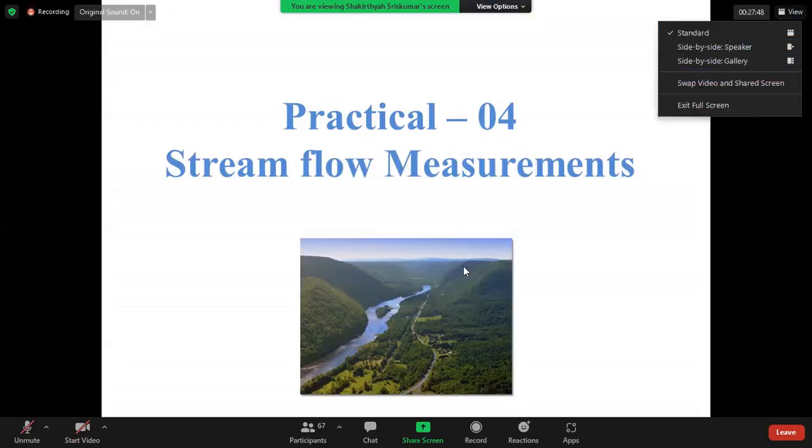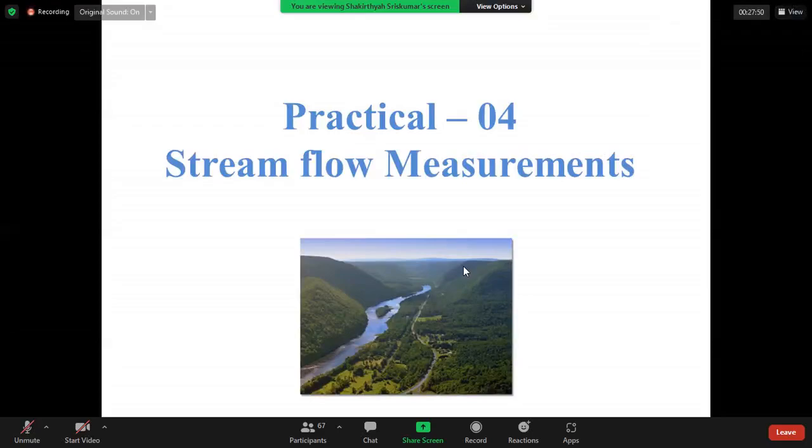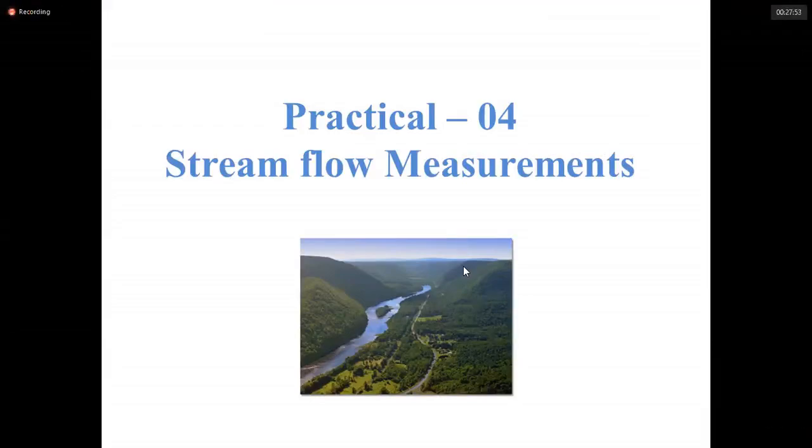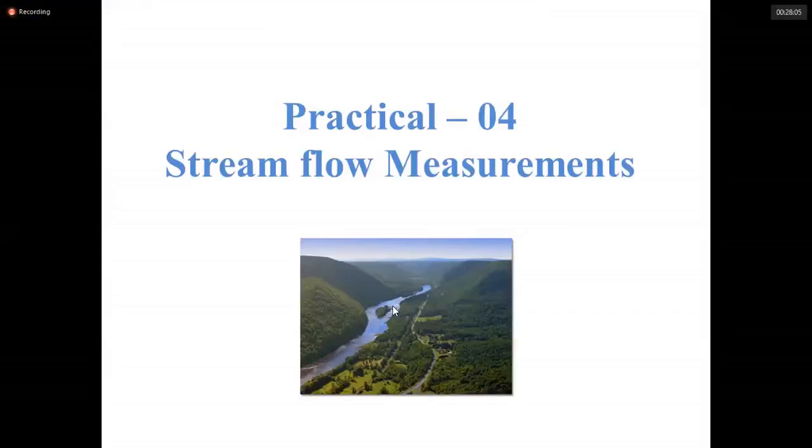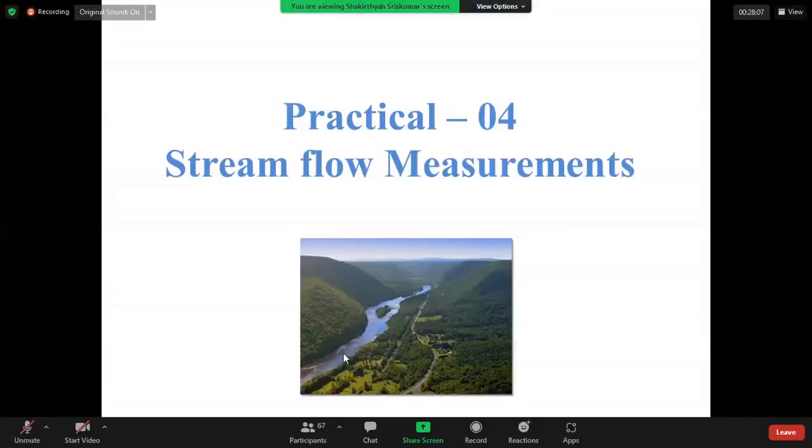So what is stream flow? What do you mean by stream flow? Anyone? Here you can see this is a stream. So what is meant by stream flow?